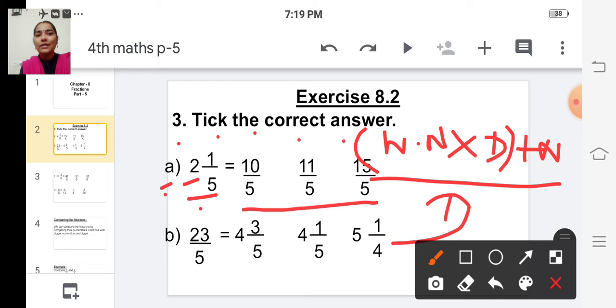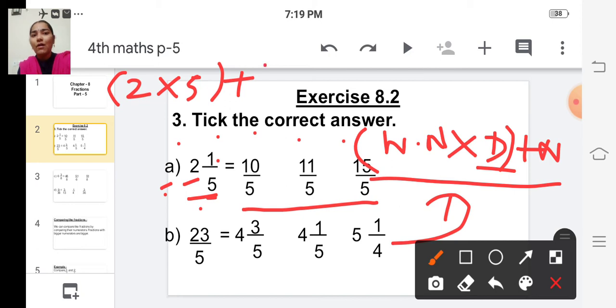So here the whole number is 2. So 2 into denominator. Denominator is 5. So 2 into 5 plus numerator. Numerator is 1, divided by denominator 5. So 2 into 5, 2 5s are 10.